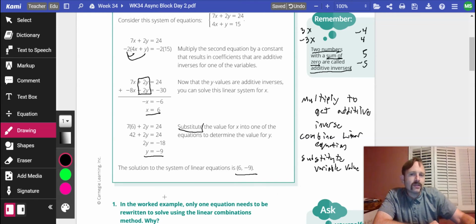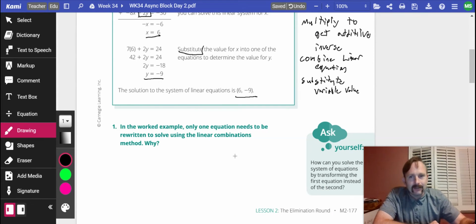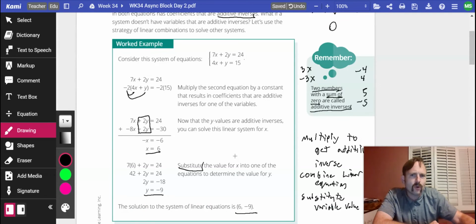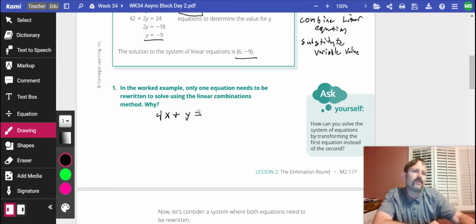In the worked example, only one equation needs to be rewritten to solve with the linear combinations method. Why? Well, let's write it out. It's 4x plus y equals, well, we don't care what it's equal to, but it's equal to 15.